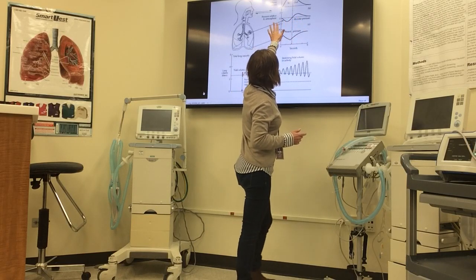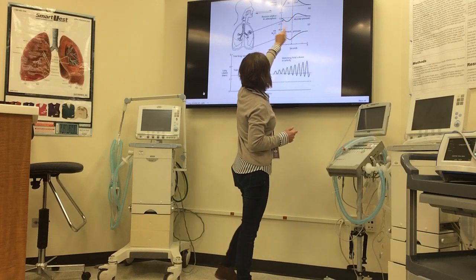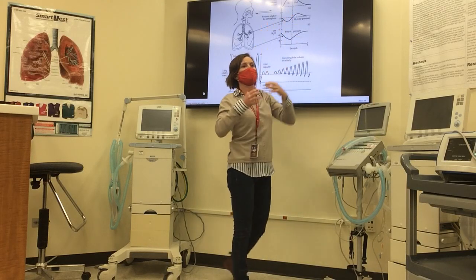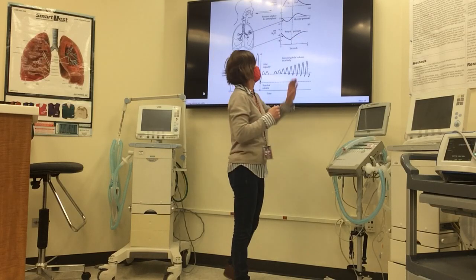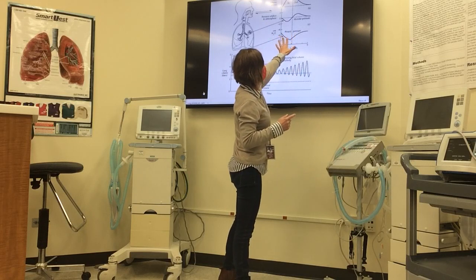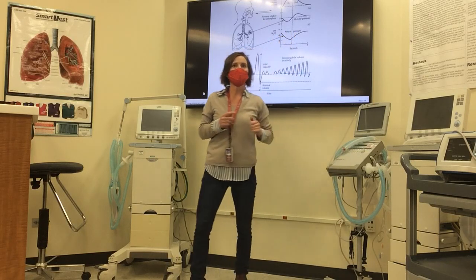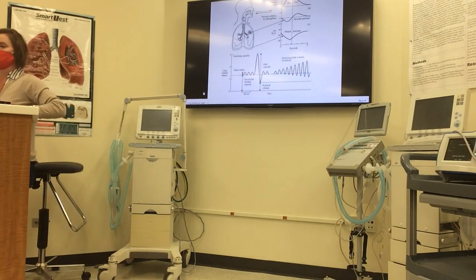And so this is looking at our alveolar pressure compared to atmospheric pressure. And then this one is looking at our pleural pressure, which of course has to go negative to allow us to take our breath in.